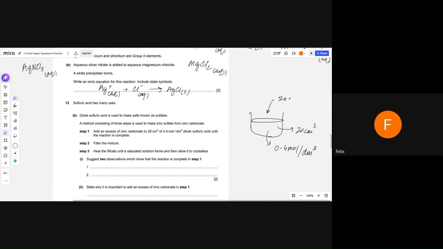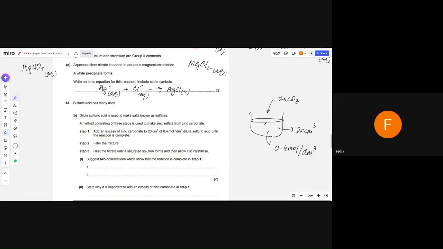Then filter the mixture, and heat the filtrate until a saturated solution forms. Then allow it to crystallize. Suggest two observations which show that the reaction is complete in step one.